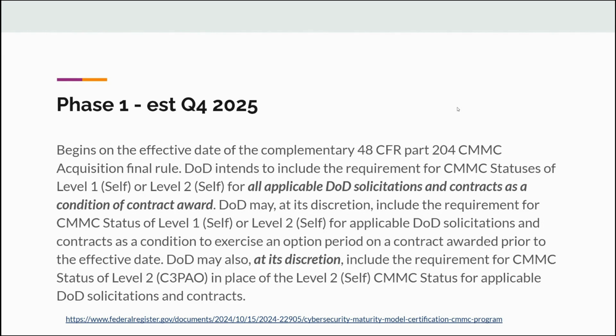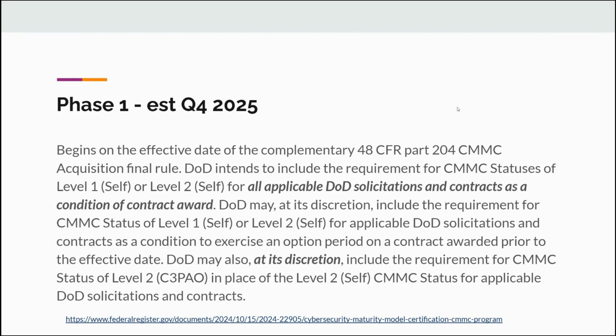So phase 1, back to the script here, begins on the effective date of the complementary 48 CFR. DoD intends to include the requirement for all applicable CMMC statuses of level 1 self or level 2 self.